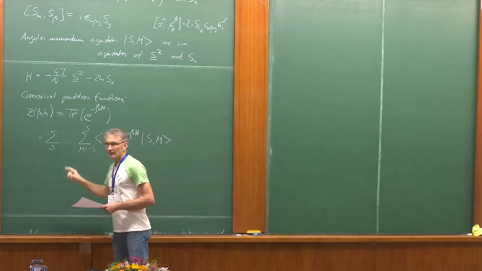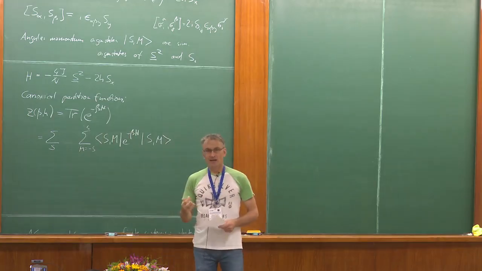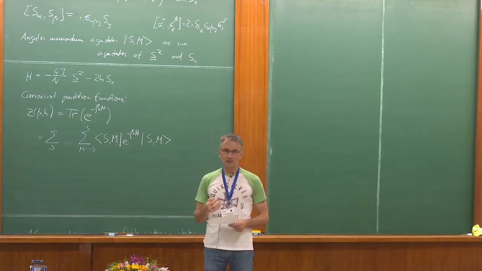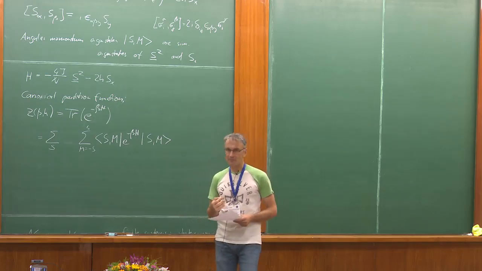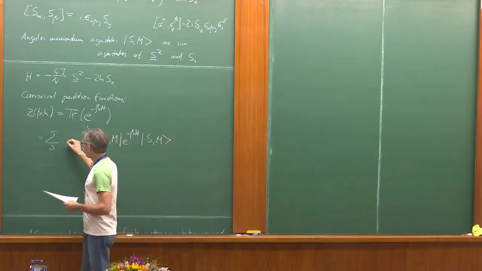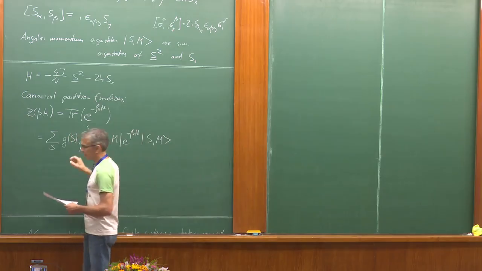And now I left here a little space for something that I'll explain to you where it comes from, but this would take me probably an hour or so to really derive with providing background of it. And this is here an extra degeneracy factor which depends on S comes in.